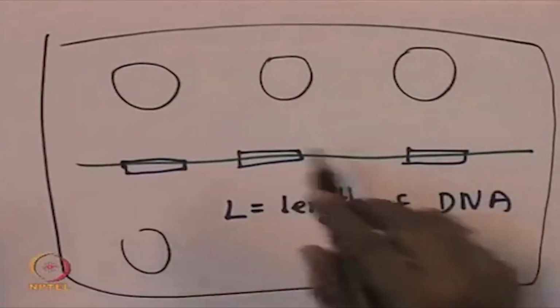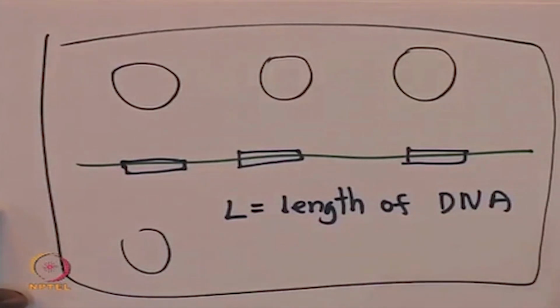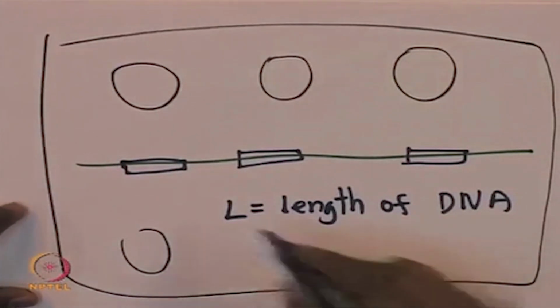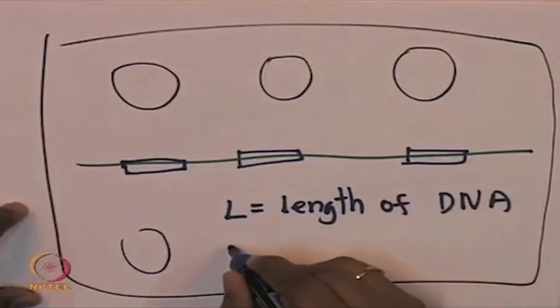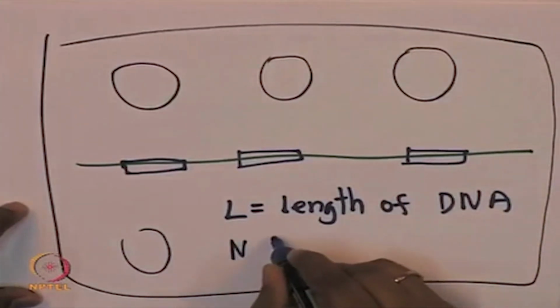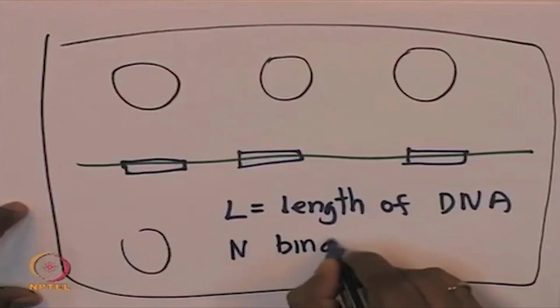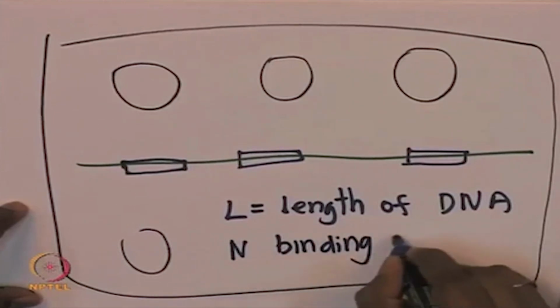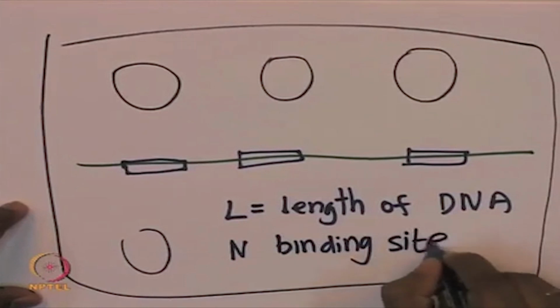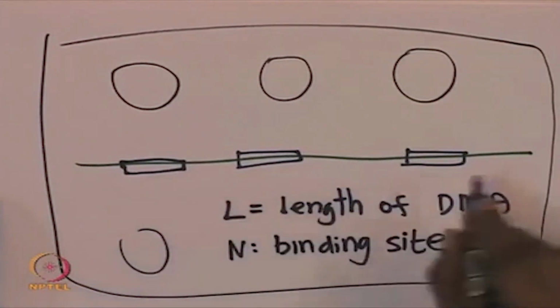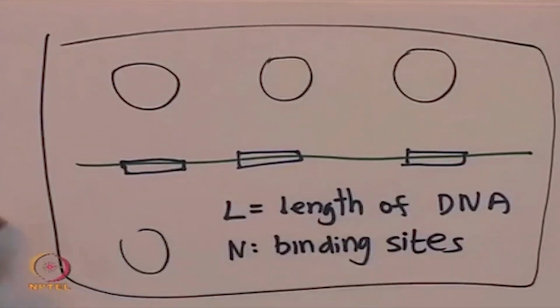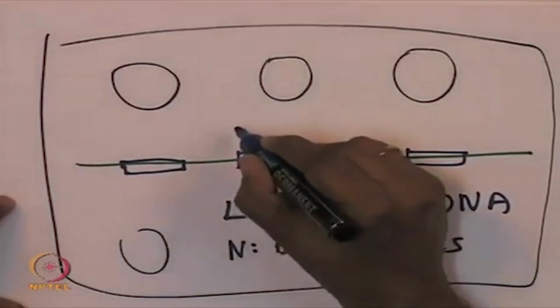So, you have a DNA of length L, and let us say there are n binding sites. These proteins bind to some specific sites, and there are n of them. Here n is equal to 3, and then you have, let us say, m proteins.